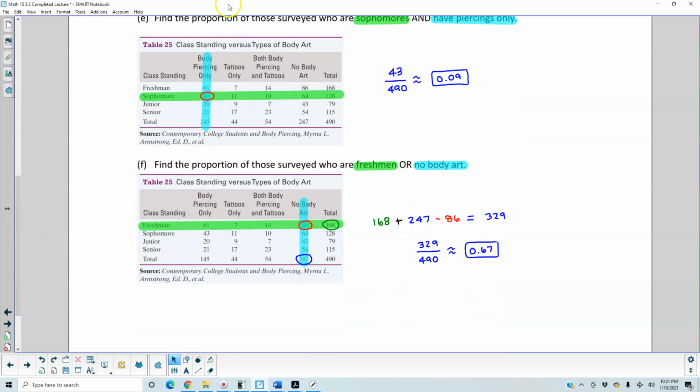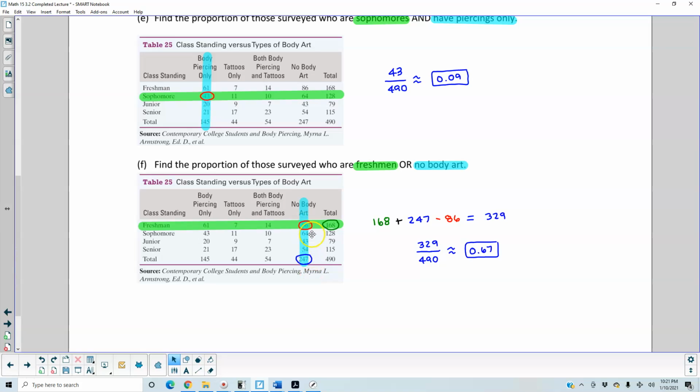Part F. Find the proportion of those surveyed who are freshmen or no body art. Now remember, or has to include all of them. So if we look at freshmen, we're going to go ahead and scroll all the way through the line of freshmen, and we can see that we have 168 total freshmen. And if we go down the column of no body art, we can see that we have 247 that represent no body art.